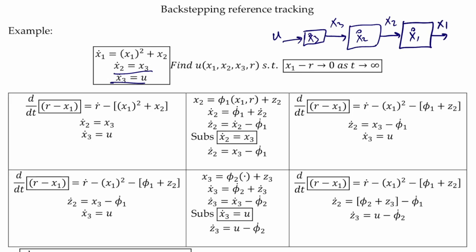If we recall, we would write down x2 as some type of error term and a function of x1. It's probable that we would like the x2 signal to be some function of x1.